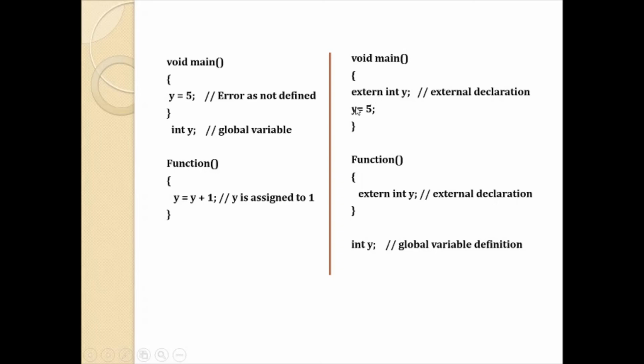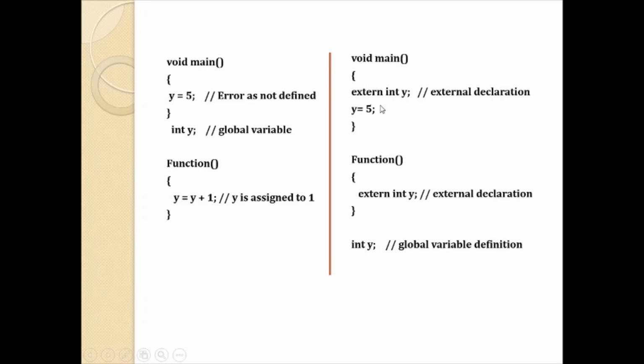Here you can see we have the main function and one more function. But at the end we have defined this global variable int y. As it is defined outside all the functions, it is called a global variable. So we have declared it here.